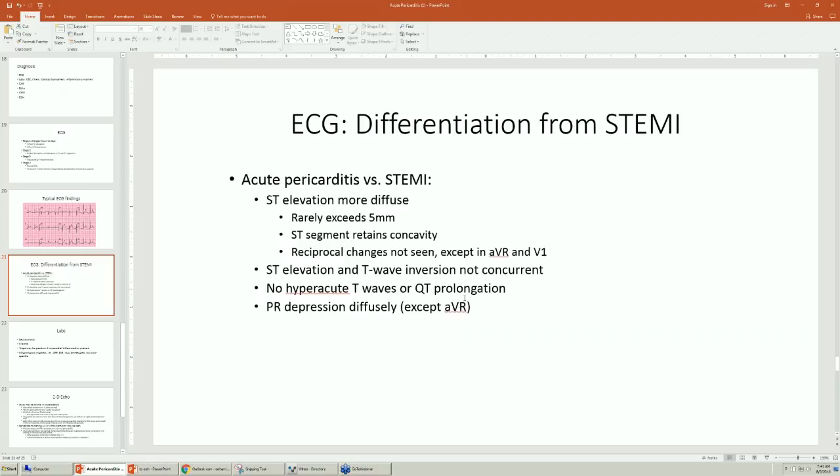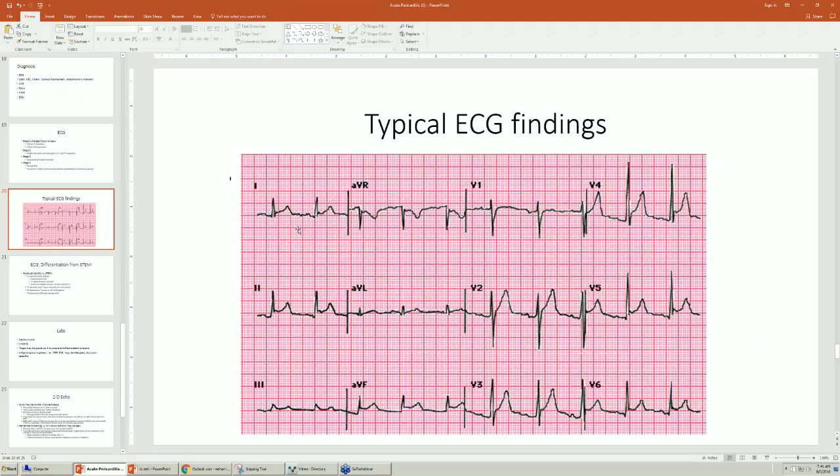You're not going to get QT prolongation, and because of its diffuseness, you can tell the difference. Looking again, when you think you might have an anterior inferior wall MI, you say, oh look, it's an LAD supplying the anterior wall, the septum, and the lateral wall.